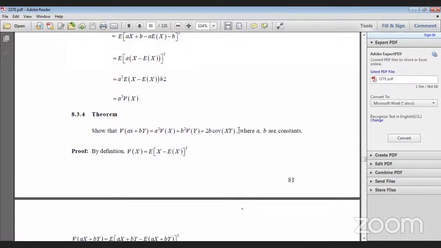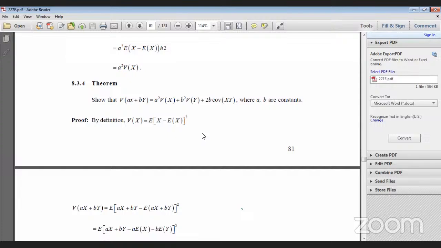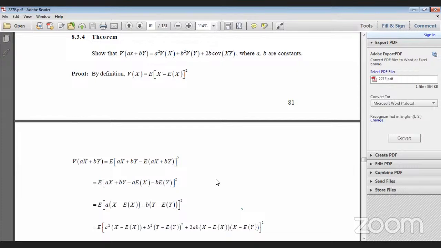The most important theorems in our class. Show that variance of ax plus by is a square variance of x plus b square variance of y plus 2ab covariance of x, y, where a, b are constants. V of x is E of x minus Ex whole square, we know the formula. So V of ax plus by is E of ax plus by minus E of ax plus by whole square.